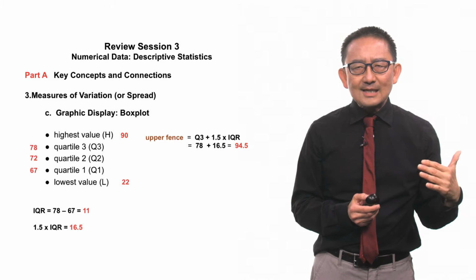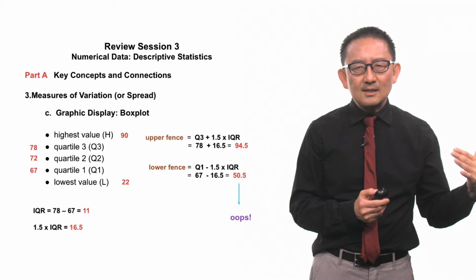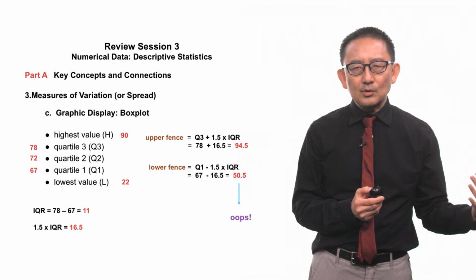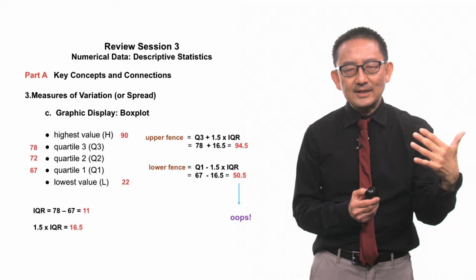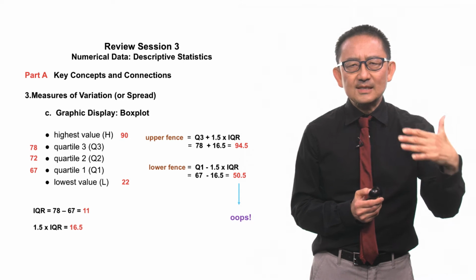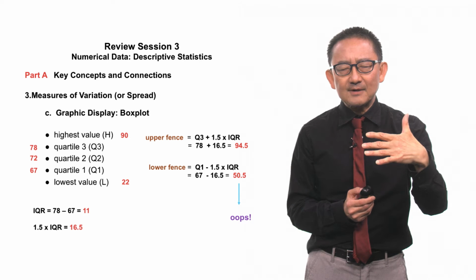Now let's take a look at the lower fence. We have quartile 1 minus 1.5 times the interquartile range, which is 67 minus 16.5.